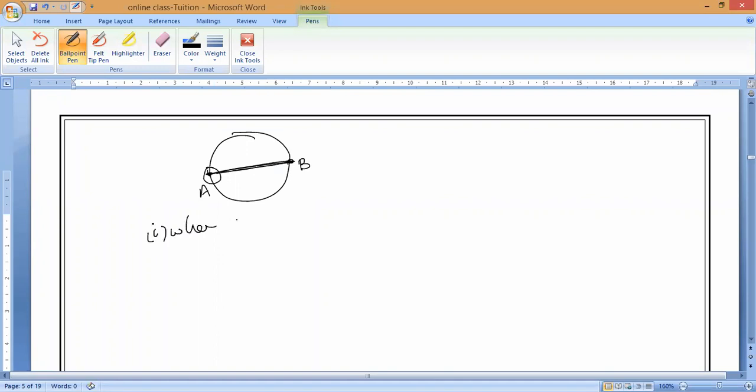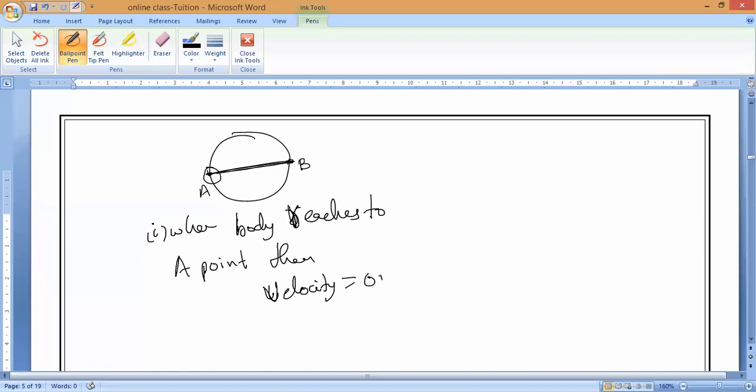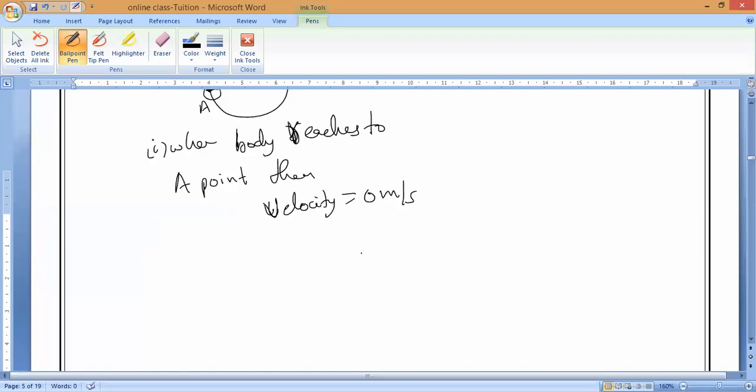When the body completes a round and reaches back to point A, then velocity is equal to 0 meter per second. Okay.